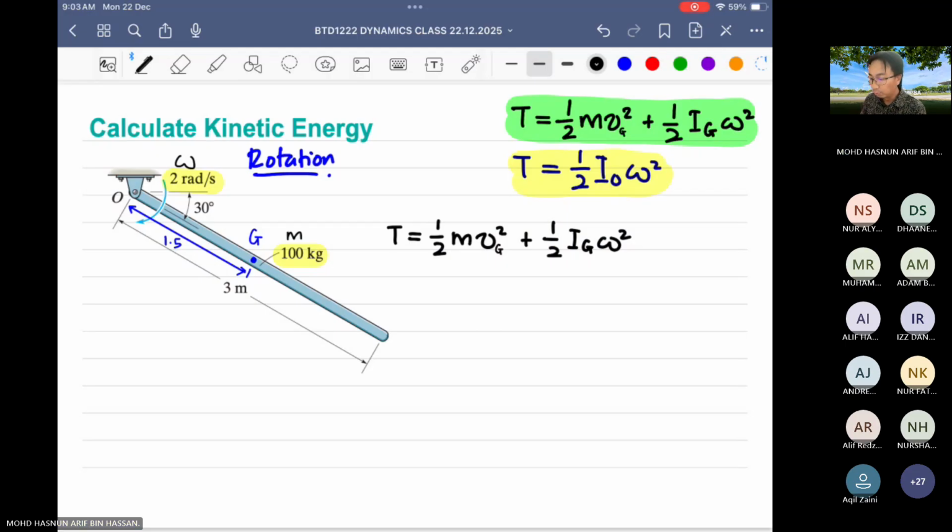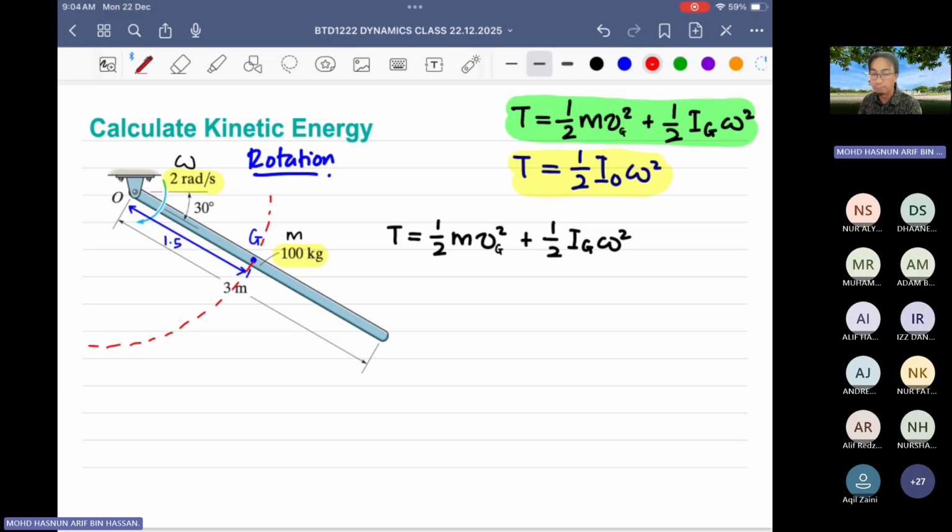So when this is in motion, point G has a velocity. So let's estimate the velocity of point G. The rotation here will cause point G to move in a circular path like this around point O, right?